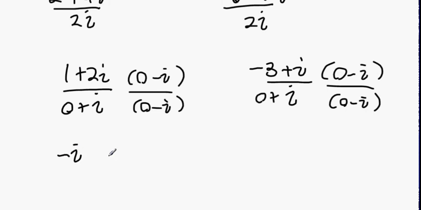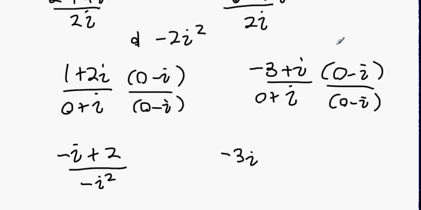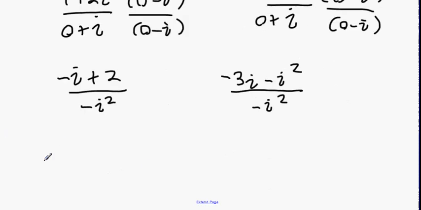We're going to get minus i plus minus 2i squared, minus 2 times minus 1 plus 2, all over minus i squared, and then it's going to be minus 3i minus i squared, all over minus i squared.